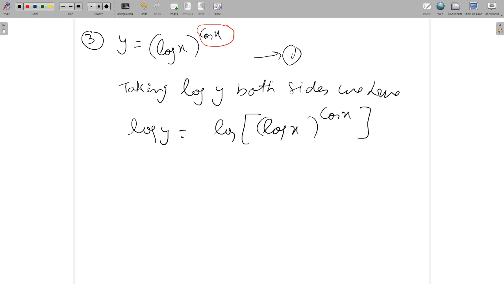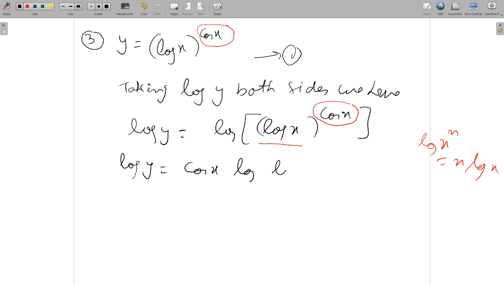Now we know the formula, let me recall it for you: log of x raised to n equals n log x. So that is what we will apply here. This exponent comes out of the logarithmic function. So log y equals cos x into log of log x.